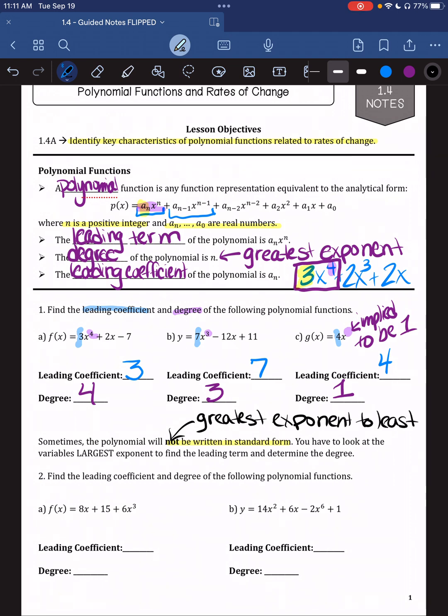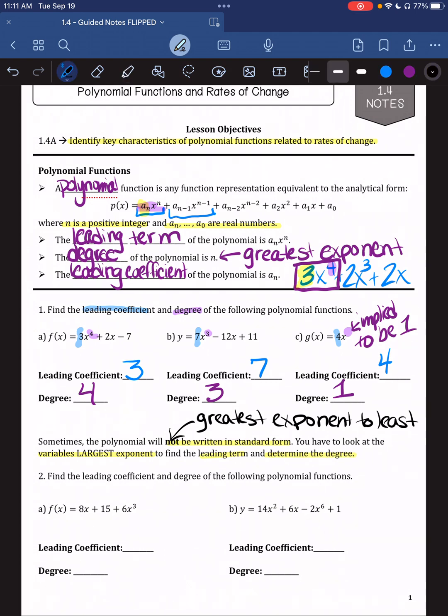All the ones that we had in number 1, A, B, and C, are all in standard form. Now, if we have one that's not written in standard form, we have to make sure that we're looking at the variable's largest exponent to find the leading term and to determine the degree.